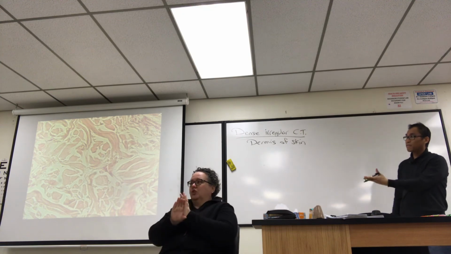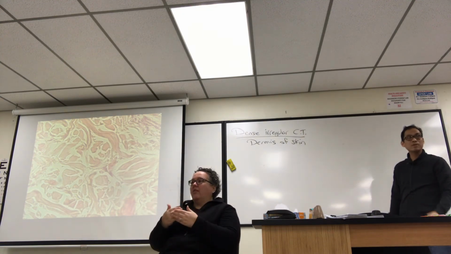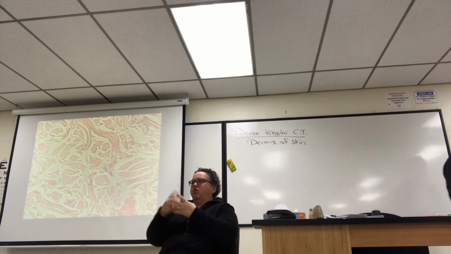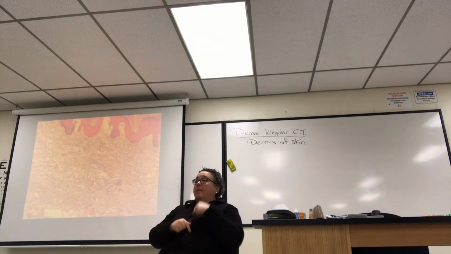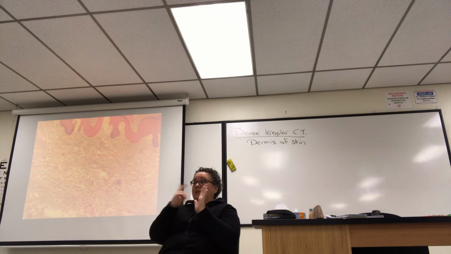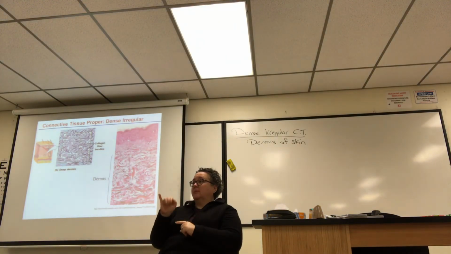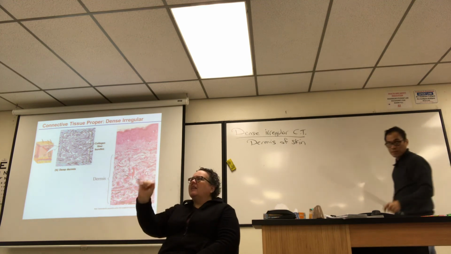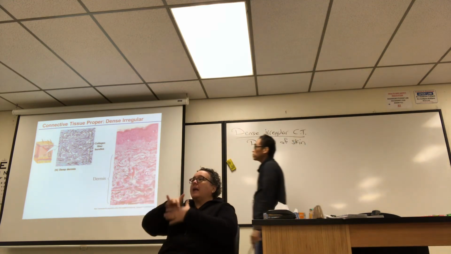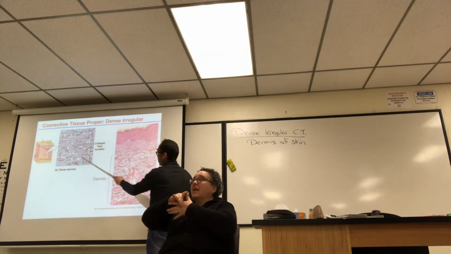Here's a closer picture. When you cut this tissue, all the fibers are just going every which way. It all looks mixed up. Let me go back a couple of slides to show you an illustration of where the dermis is. It's like putting meat through a meat grinder, and all the collagen fiber bundles are mixed up.